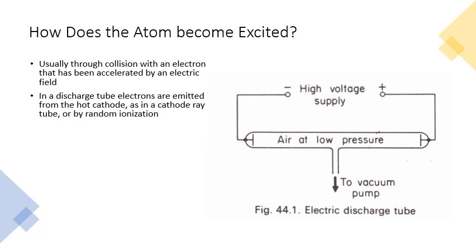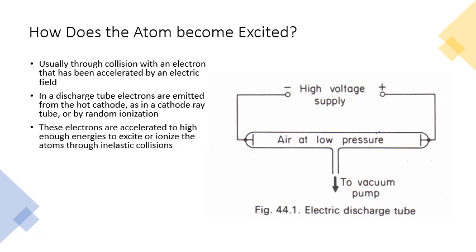So in our discharge tube, electrons are either emitted from a hot cathode, and there are hot cathode discharge tubes, or just by random ionization. Randomly there's going to be the odd electron kicking around in our tube. It just is. And as soon as we've got some electrons, those electrons are going to be accelerated by the great big voltage that's across there, by the big electric field is the proper terminology.